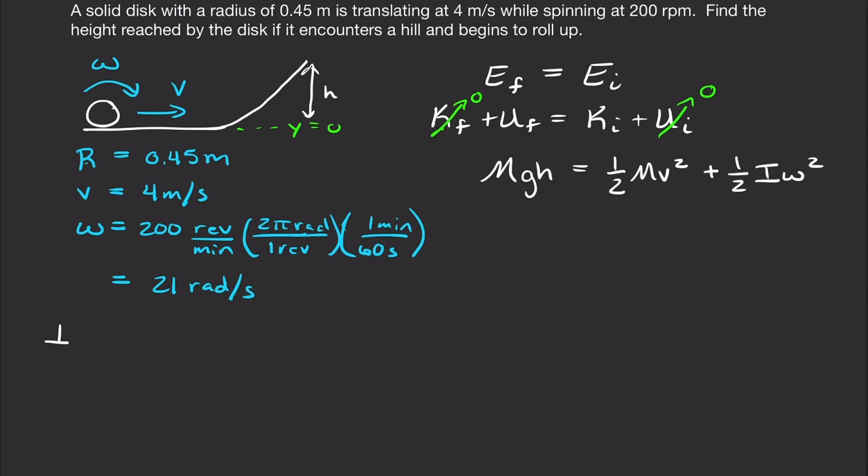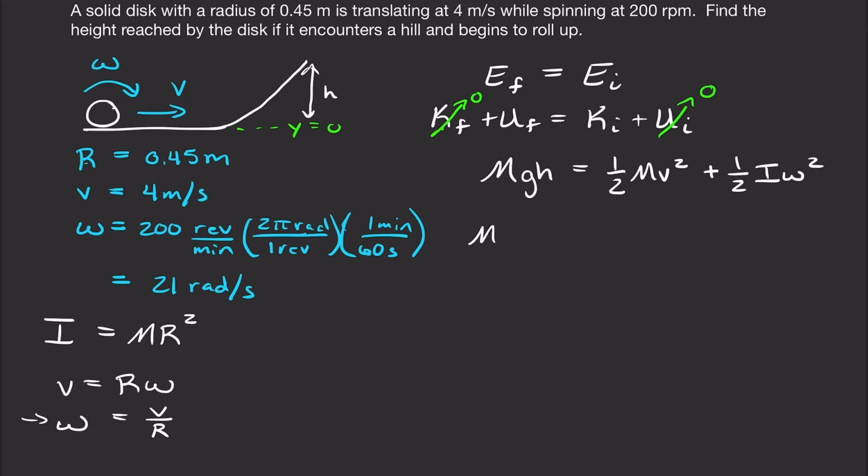So now I need to find omega. So this is a solid disk, so I would look that up, and it would have a moment of inertia of mr squared. And then we can use the fact that v is equal to r omega, so omega is equal to v over r, and we can substitute.